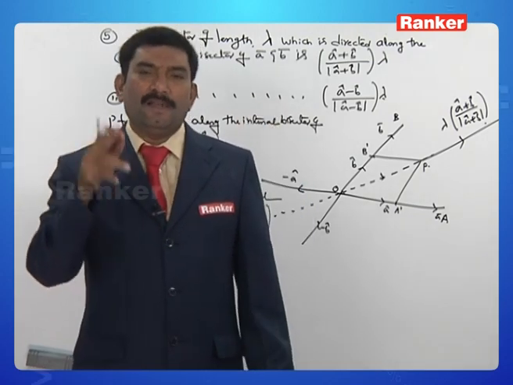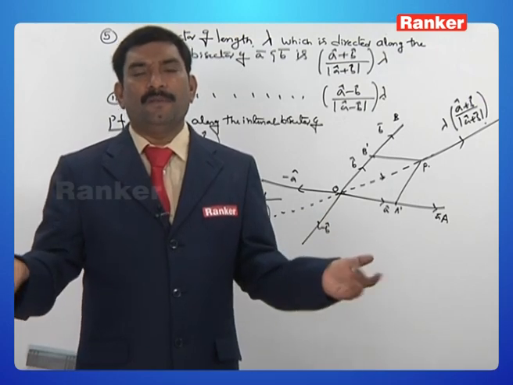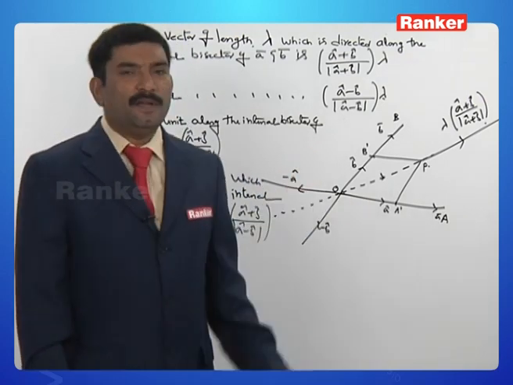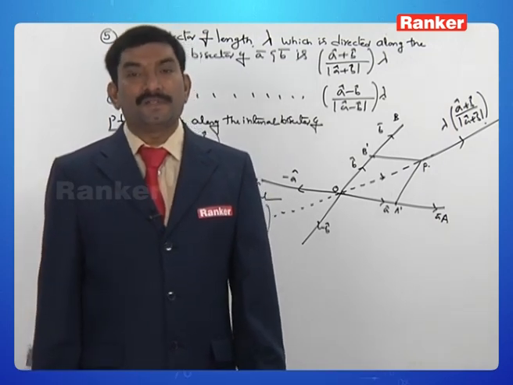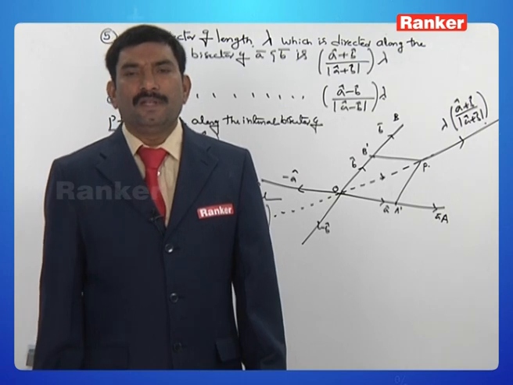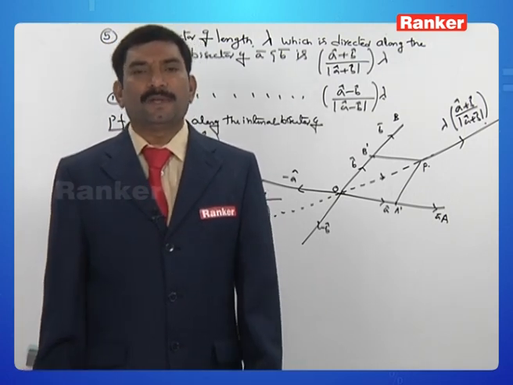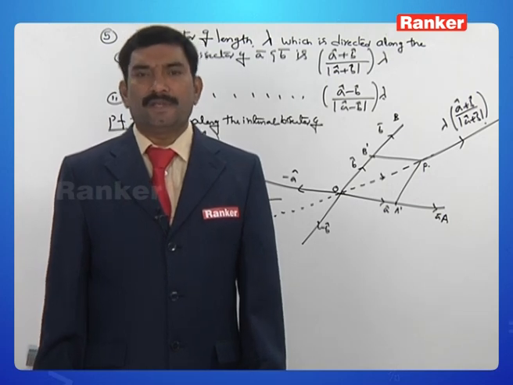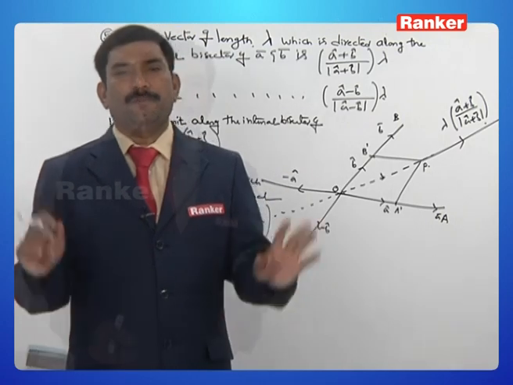You multiply lambda with the unit vector, and you get a vector of length lambda, that is denoted by lambda into (a cap plus b cap) by modulus of (a cap plus b cap), if it is along the internal bisector. If it is along the external, lambda into (a cap minus b cap) by modulus of (a cap minus b cap).